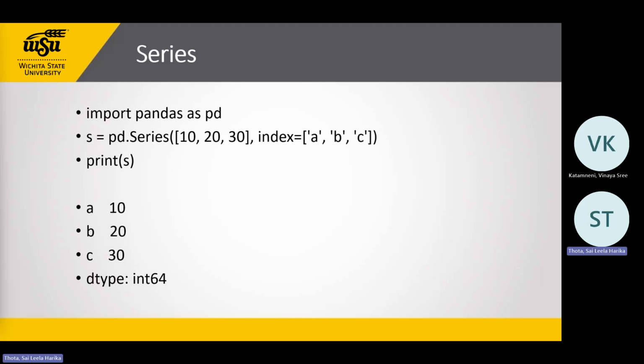This is the code: import pandas as pd. I considered a series, and as I said, it's only a single row or column. I considered the values 10, 20, 30, and I gave the index A, B, C. If I didn't give the index, I would get 0, 1, 2 instead of A, B, C.